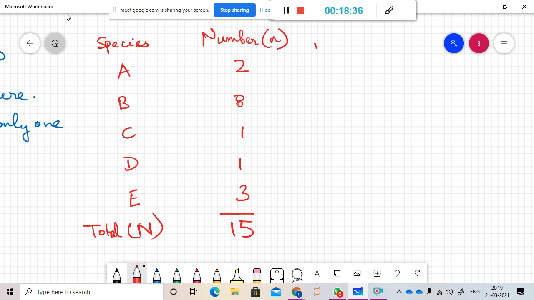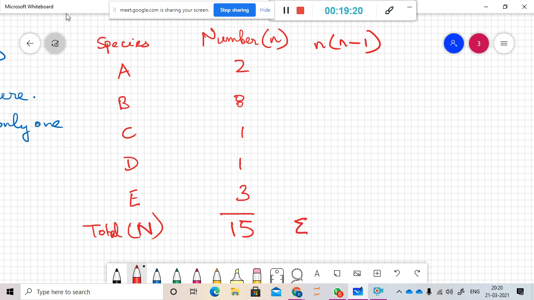And the value n into n minus 1 is calculated for each species.